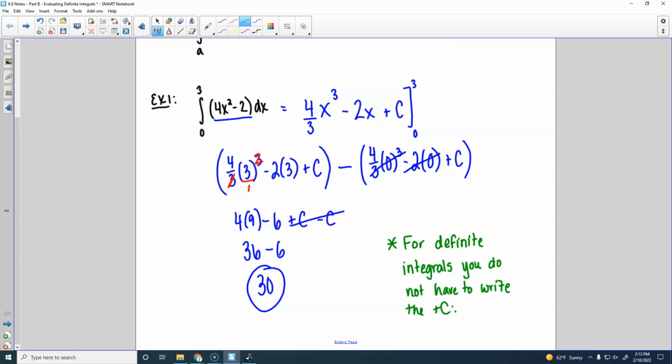Now, if you do, they're not going to count off for it, because it's technically correct. As long as you cancel them out, it's fine, but it's not necessary.